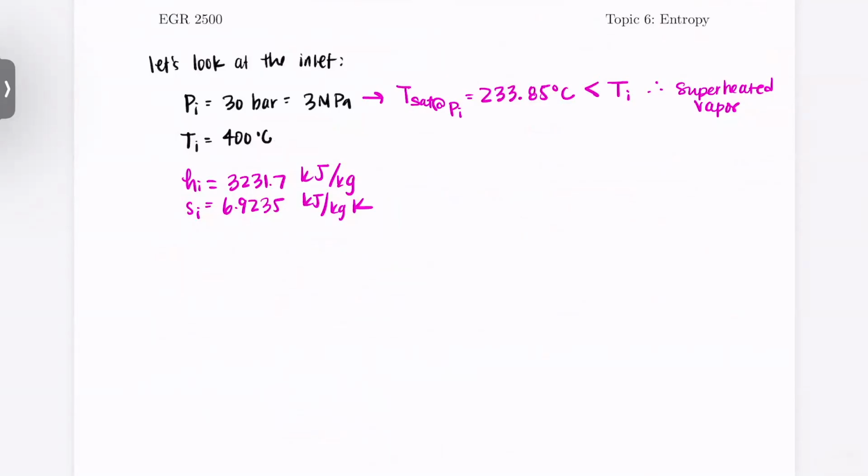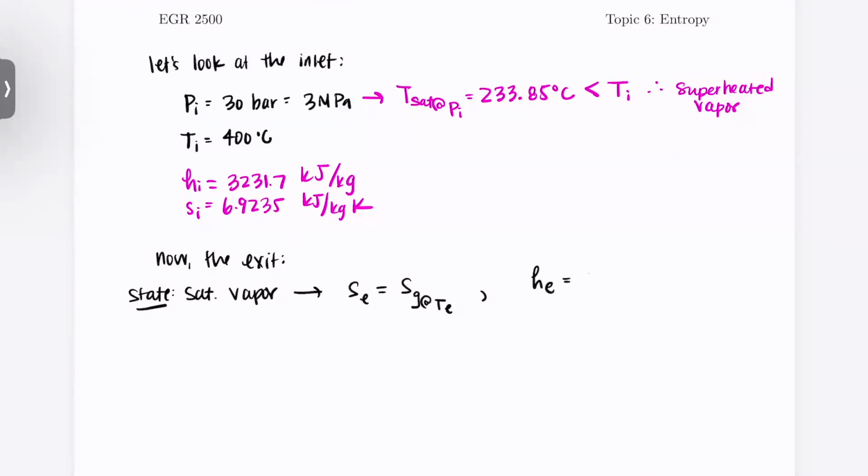Let's now look at the exit. For the exit, we know that it's a saturated vapor, right? So our state is given to us. That means we're going to use sE equal to sg at TE, and hE equal to hg at TE.